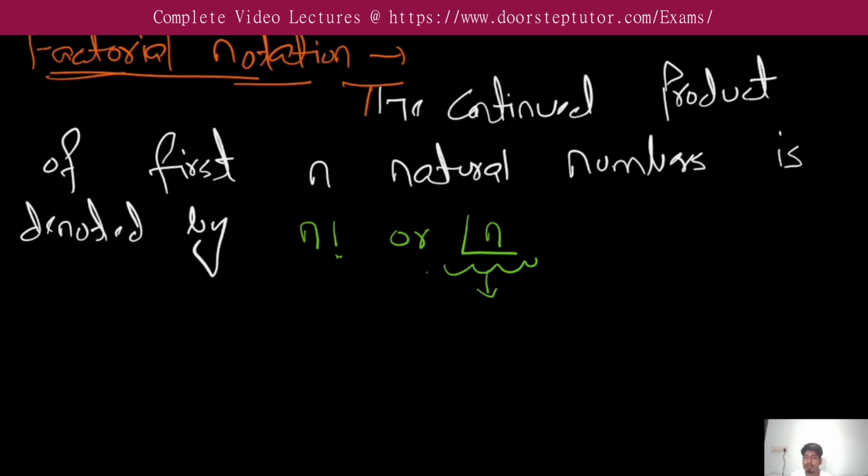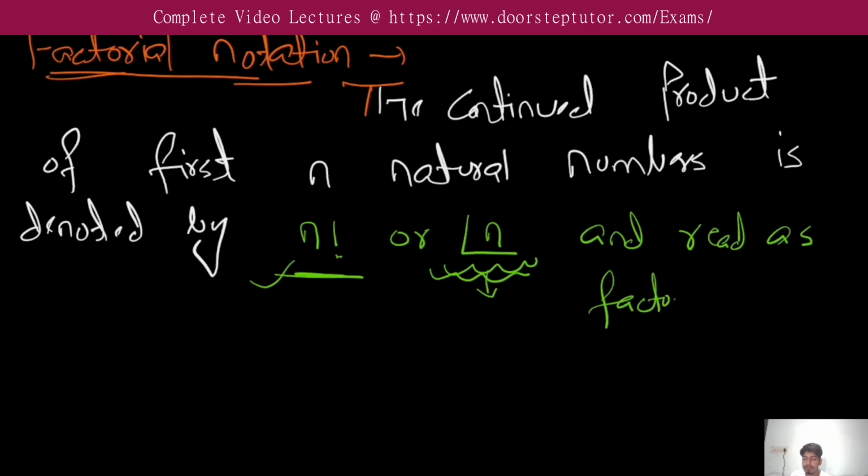In higher education you always find this symbol, but in our syllabus this symbol is used, and it is read as factorial n. Many people read it as n factorial, but that doesn't make sense. First factorial, then n, so read it as factorial n.